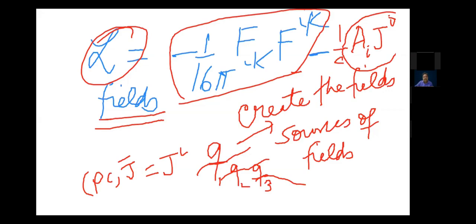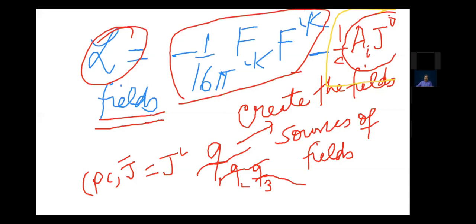Yeah, you can always find out that this part which I have included here is the same thing which I was discussing yesterday while talking about the interacting part of the Lagrangian of the charges with their fields.